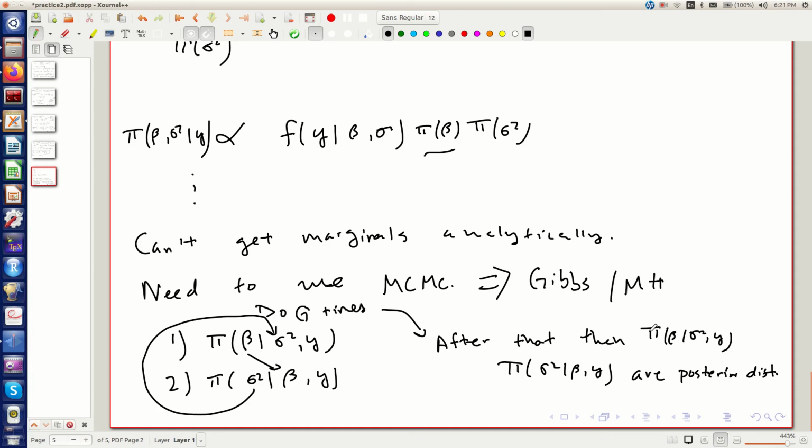These will be your posterior distributions. Okay, so that's what we'll do next.